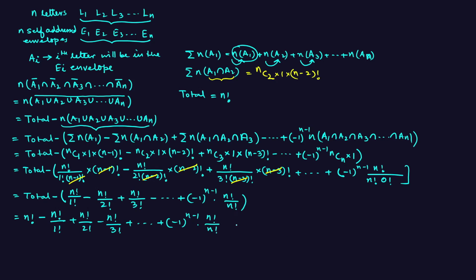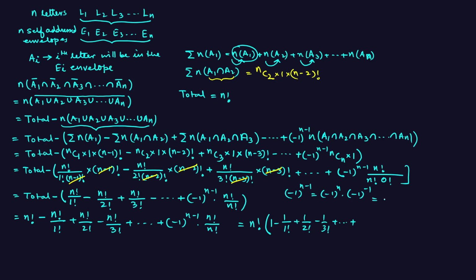Okay, so I can do one thing here. I can take factorial n common. So we are left with 1 minus 1 by factorial 1, plus 1 by factorial 2, minus 1 by factorial 3, and this thing goes on. Plus, you can take this minus 1, since actually we are having minus this thing, so we can write it in this way also.